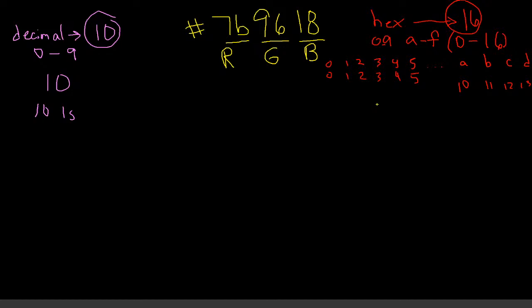What these numbers represent here, once we convert them, is some intensity value between 0 and 255. 0 essentially means there's no intensity at all, and 255 means it's full intensity, as much intensity as you can possibly get.